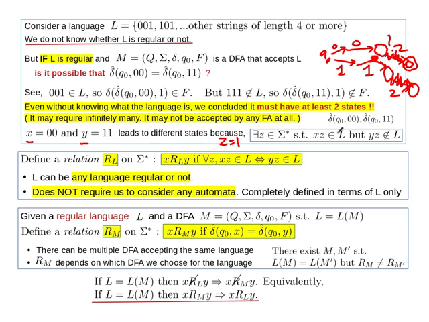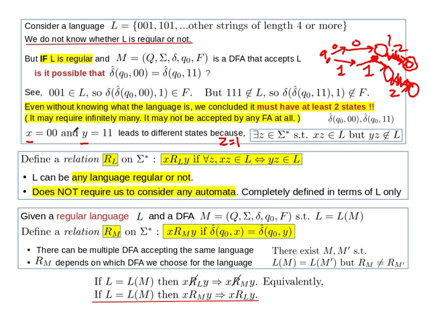So motivated by this, we define a relation RL on the set of strings. x RL y if for all z, xz is in L if and only if yz is in L. It's like the opposite of this thing. Here we are trying to say that x and y are not related, so they are somehow different.